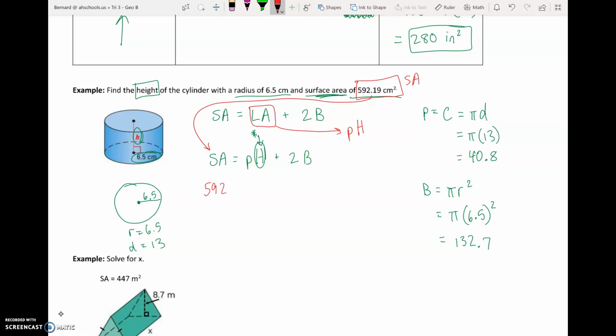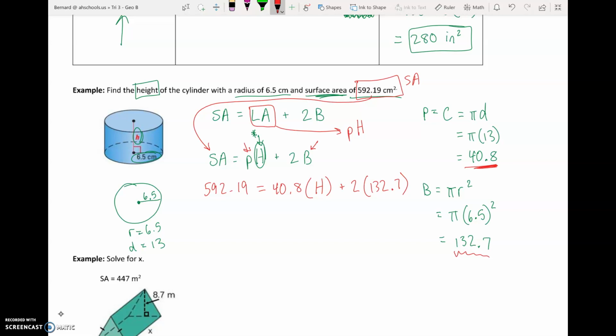So 592.19 equals, and now perimeter, which we just found, is over here. So 40.8 times our height, which is what we want to find, and then plus 2 times big B, right? And big B we just found over here is 132.7.